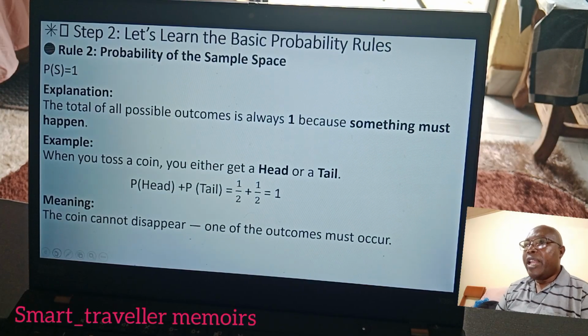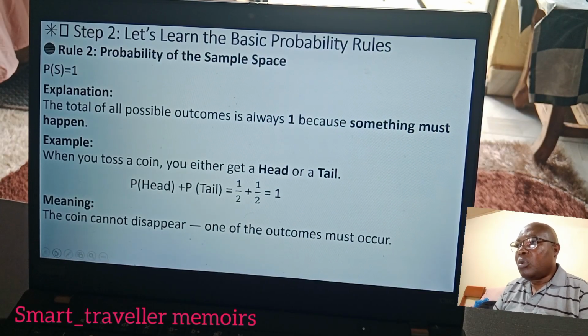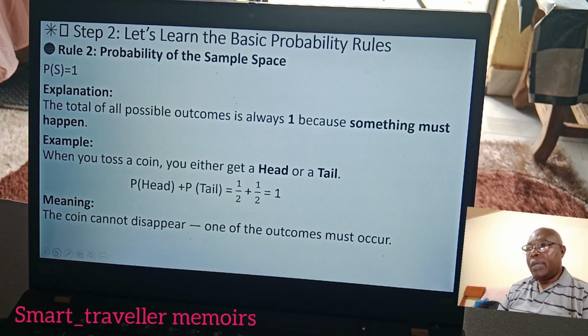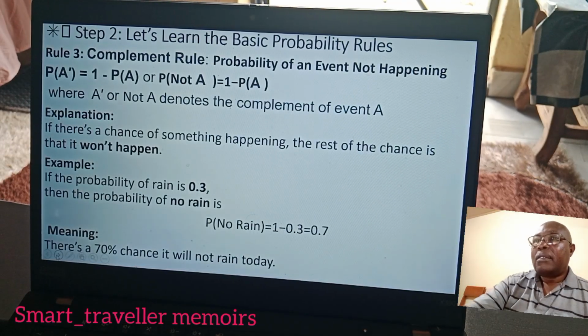Example, when you toss a coin, you either get a head or a tail. The probability of a head plus the probability of a tail is equal to a half plus a half, which is equal to 1. Meaning, the coin cannot disappear. One of the outcomes must occur.